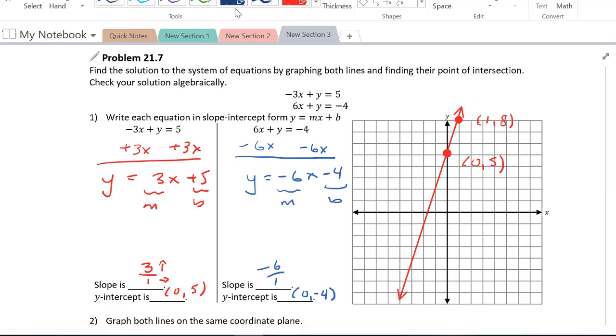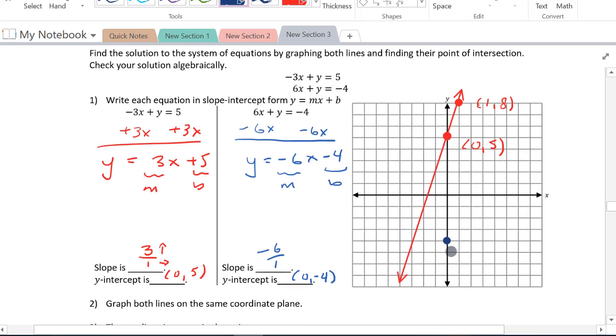Let's plot our second line, which starts at 0, negative 4. 1, 2, 3, 4, that's 0, negative 4. And then you go down 6: 1, 2, 3, 4, 5, 6, and then right 1. So about right there.